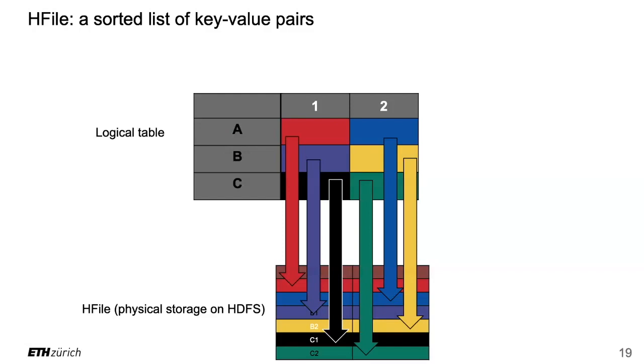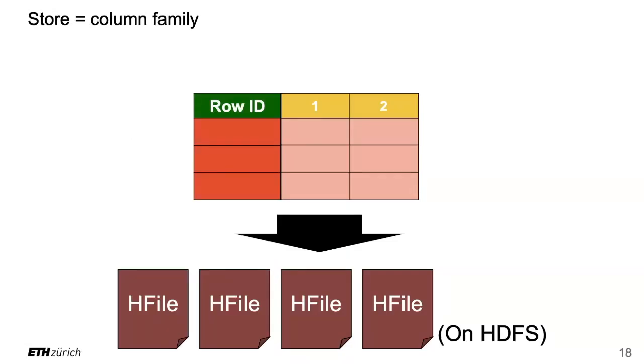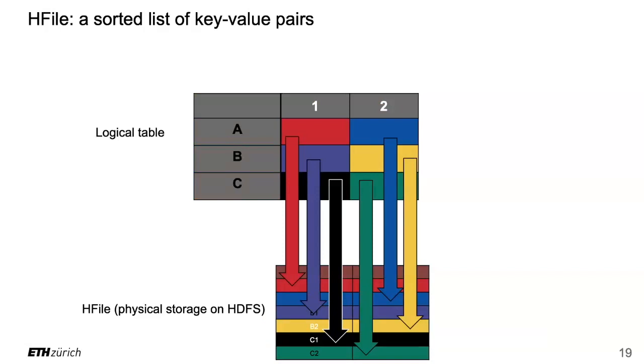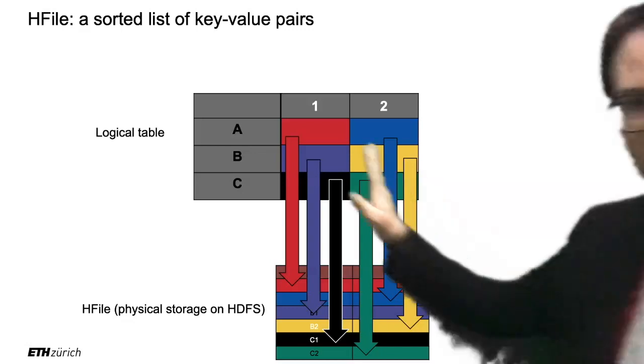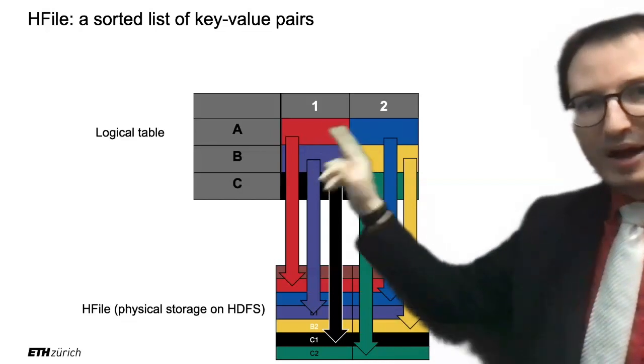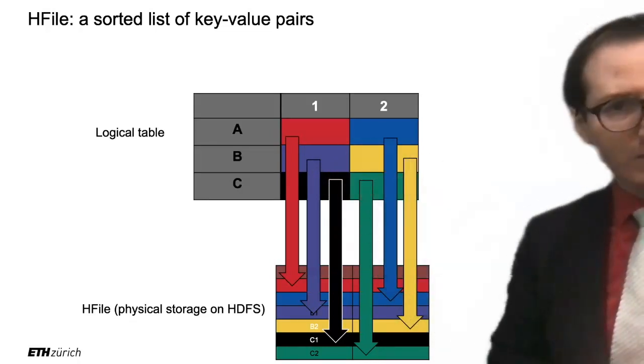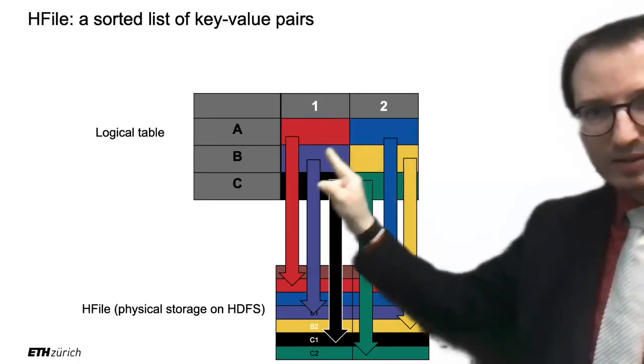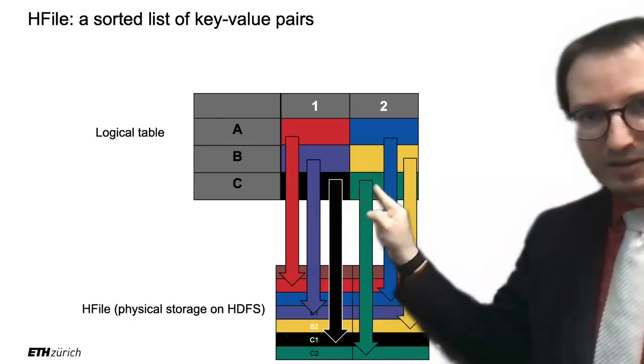Okay. Now, if I look even more in the details of what there is in these H files, this is how it's actually mapped. I have my logical layer on top and my physical layer below. The idea is that I'm going to have some sort of natural order in the cells, in the sense that I'm going row by row and then column by column. So this one, then this one, then this one, and so on.